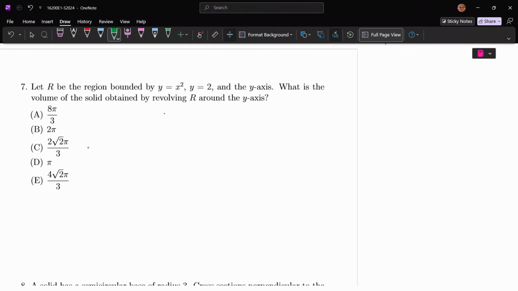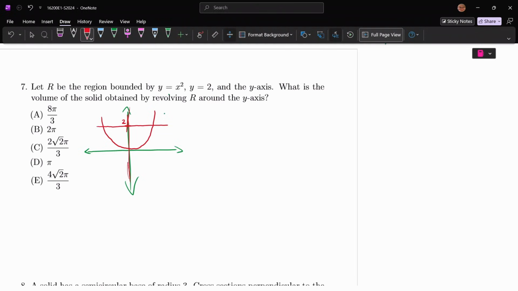So we have our plane here, and it's bounded by y is equal to x squared, which let's just say is going to look something like this. And then y equals 2, so putting a 2 here, and then the y-axis.